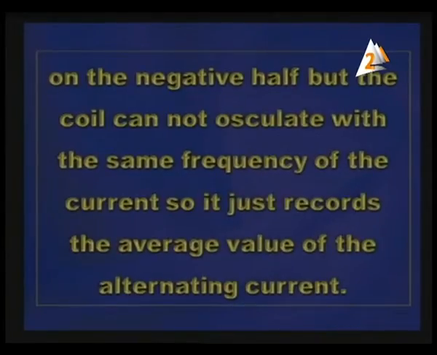But the coil cannot oscillate with the same frequency as the current, so it just records the average value of the alternating current. And of course, the average value of the alternating current in one cycle is equal to 0.